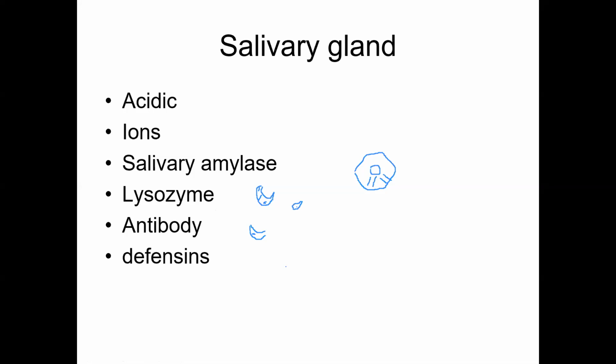So we can just ignore that because it's not a significant amount of that enzyme in the salivary gland. So if we're talking about an enzyme, this is the one I want you to remember. It is called salivary amylase, which can break down carbohydrates.